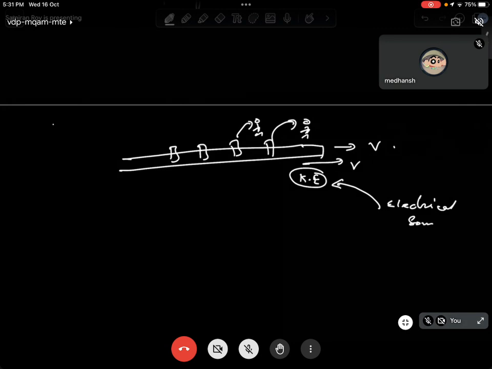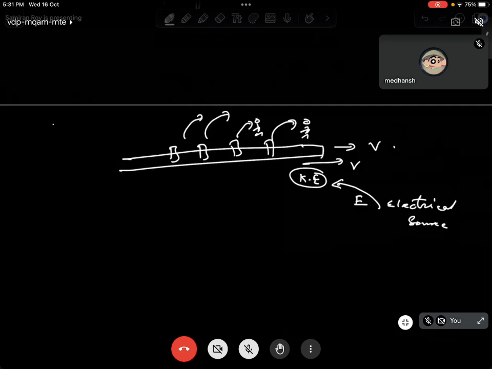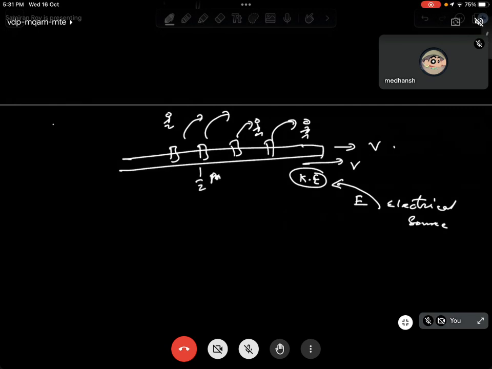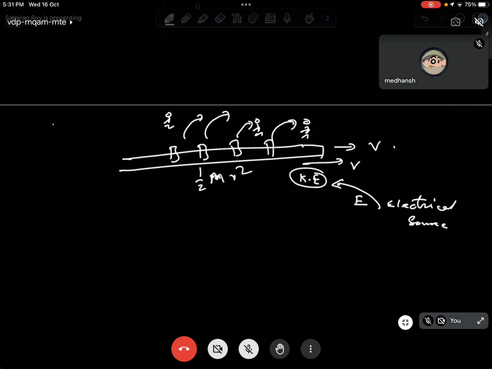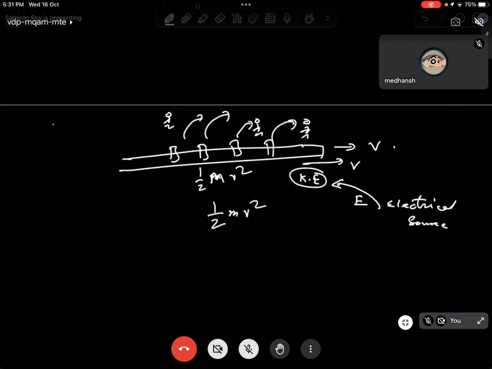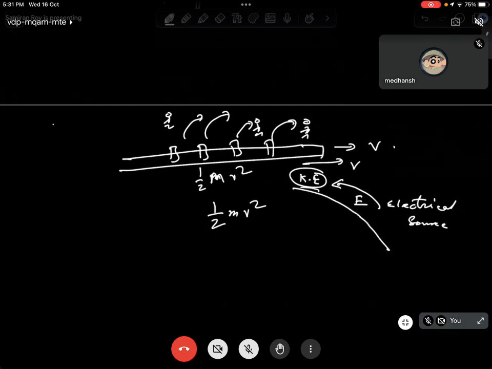Suppose the electrical source is providing some energy E. Now when a person is taking out luggage, what will happen? The mass will decrease. Initial kinetic energy was half capital M V square. After a person takes the luggage, mass will decrease, suppose half small m V square. So if mass is decreasing but the electrical source is providing the same energy, then what will happen?